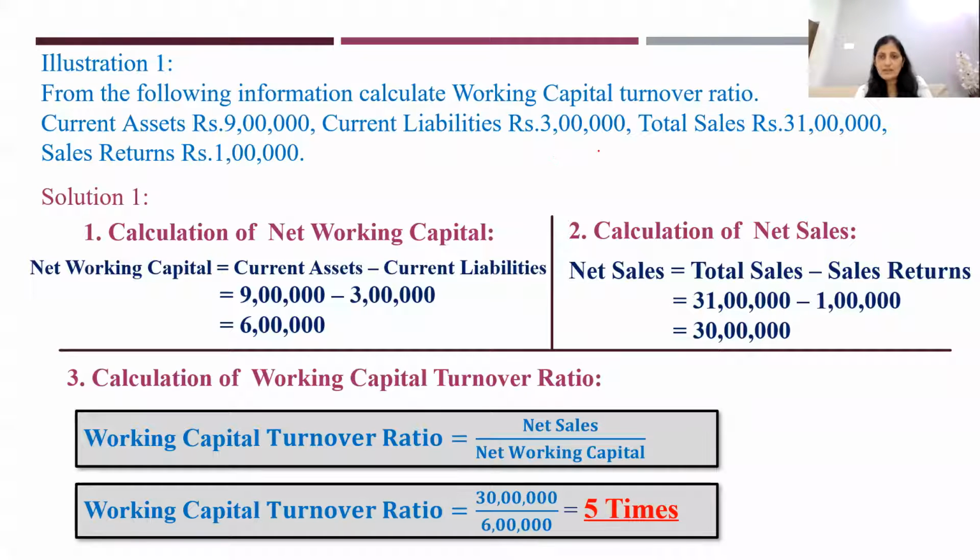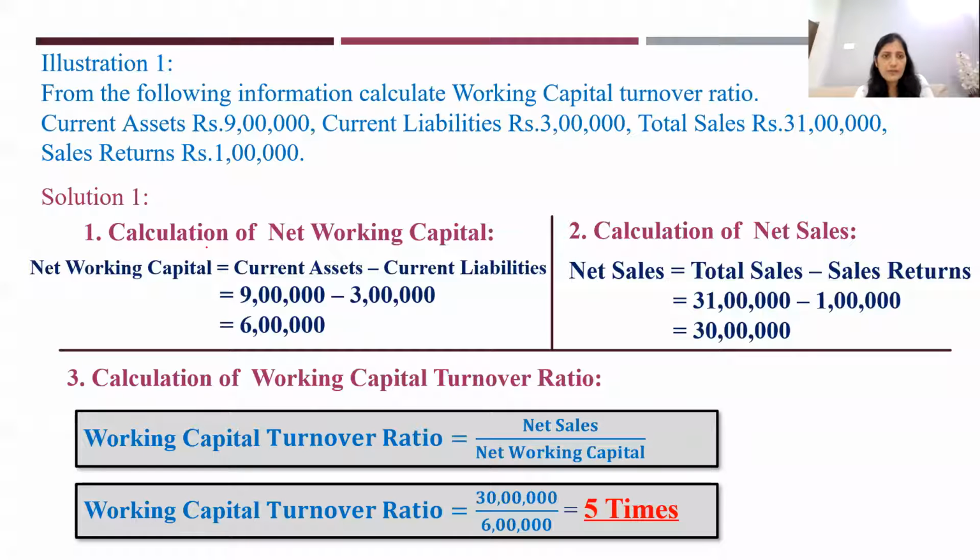Current liabilities is 3 lakhs. Total sales is 31 lakhs. Sales return is 1 lakh. This is the problem that is being given. The information is given and you have to find out working capital turnover. Current assets 9 lakhs, liabilities 3 lakhs, sales is 31 lakhs and sales return is 1 lakh.